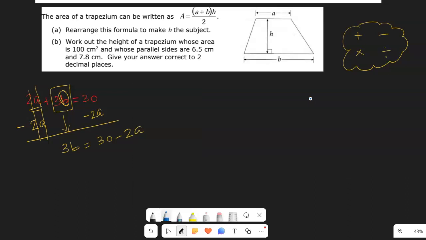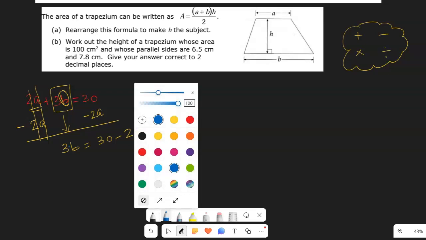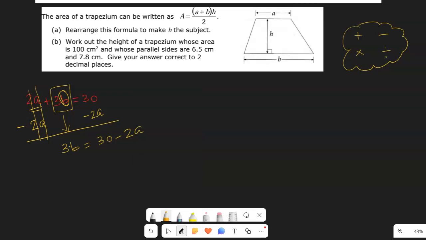What do we have here? We have 3b, so b is multiplied with 3. What I told you: if you want to eliminate a multiplication, you need to do division.